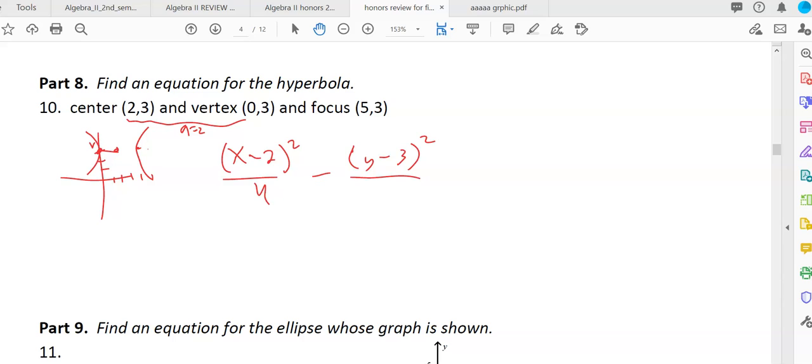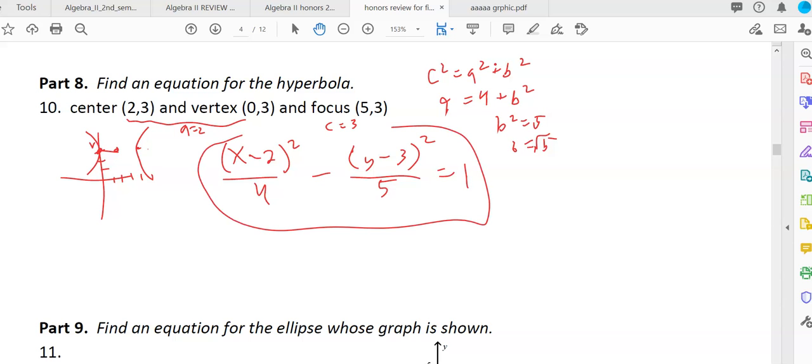That's a distance of 3 units away from 2, 3, so the c distance is 3. And I think the formula is c squared equals a squared plus b squared. So c squared is 9 equals 4 plus b squared. So b squared equals 5, so b equals square root of 5. So square root of 5 squared is 5 equals 1. I think that should be correct.